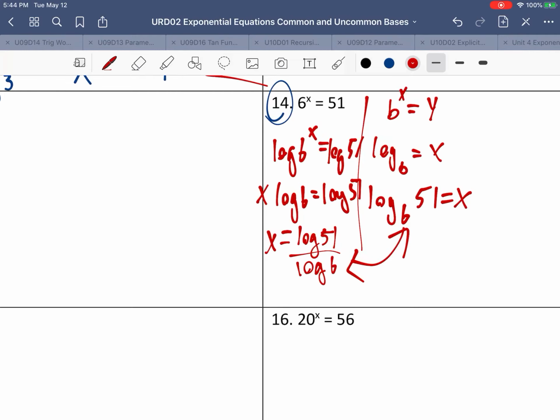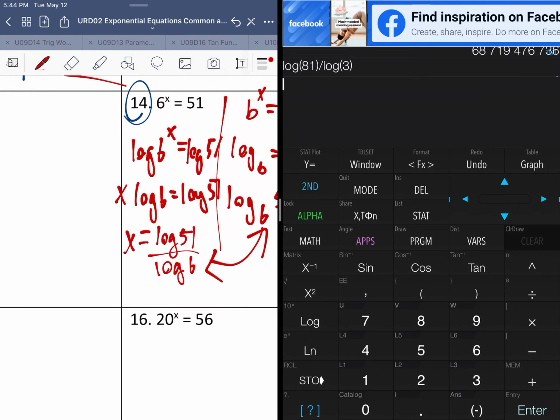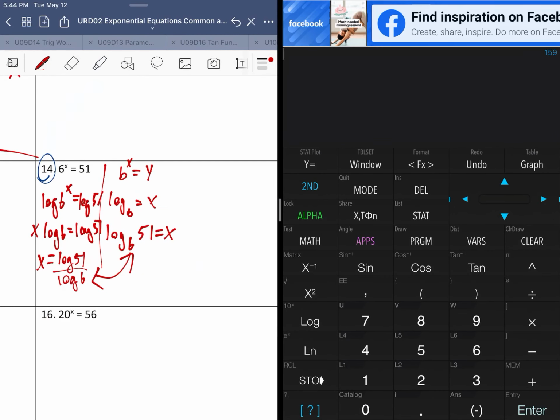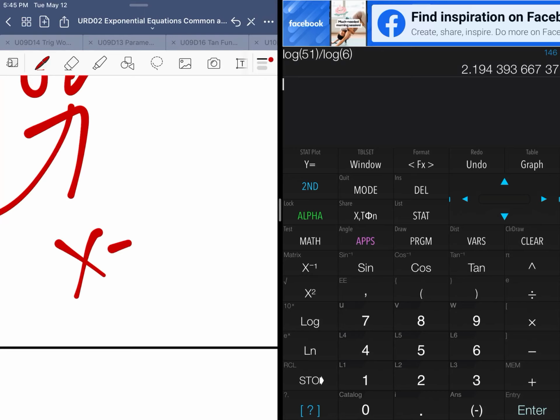So I'm going to use a calculator. We are going to get a decimal in this case because that's what happens when you don't have a common base. You usually get a decimal. So if I do log of 51 divided by log of 6, we get x is equal to approximately 2.19.